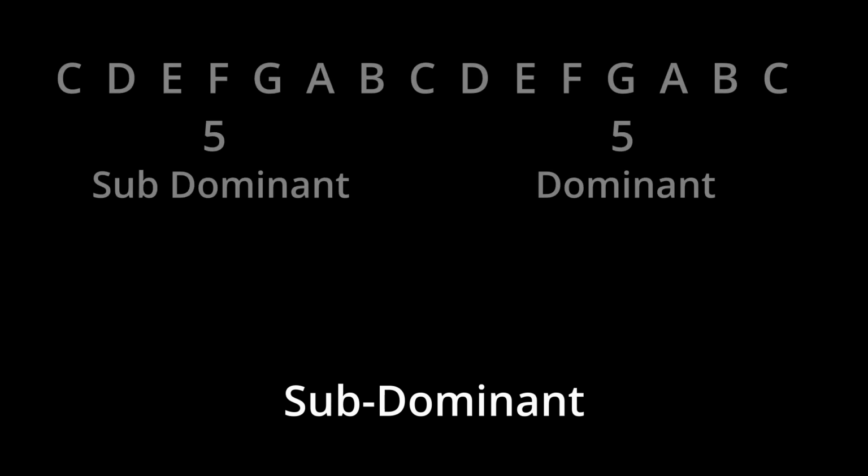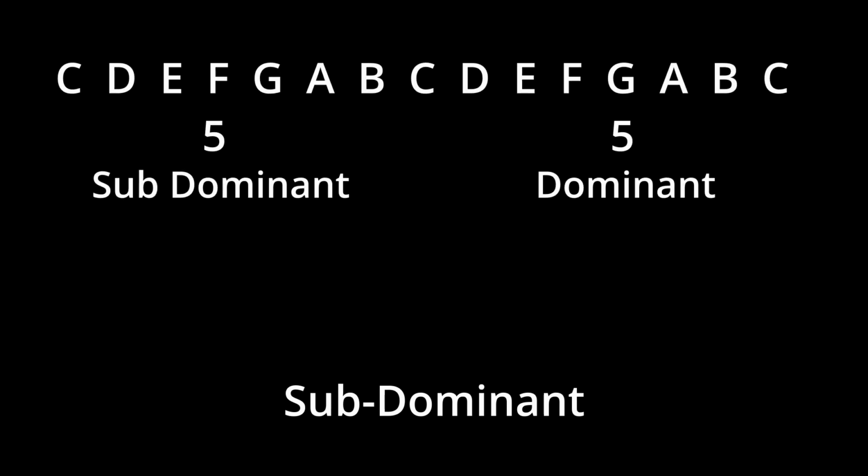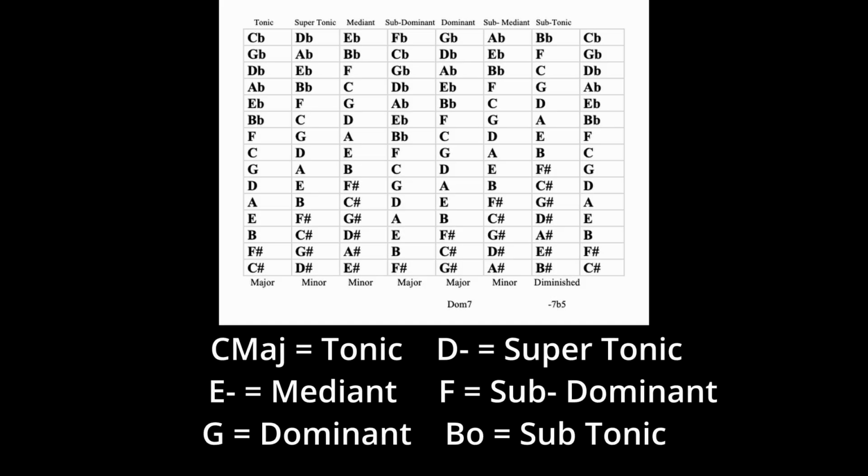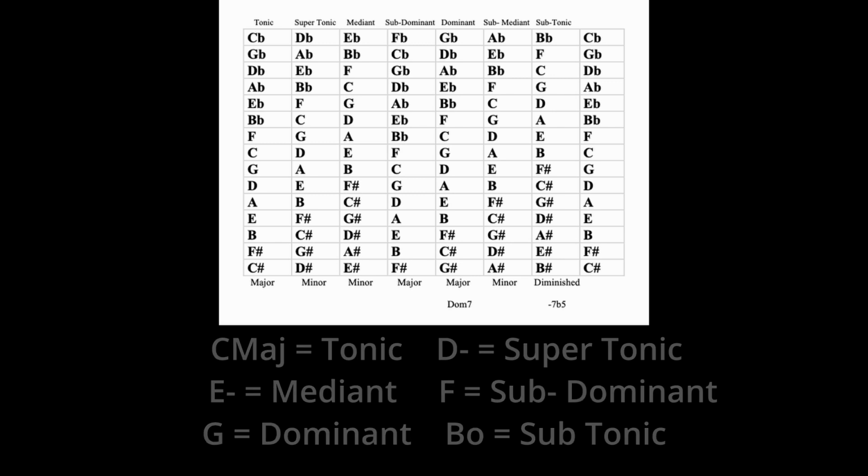The fourth chord degree in a key is referred to as the subdominant. We arrive at the subdominant by moving 5 degrees behind the C note. In the key of C, C major is the tonic chord, D minor is the supertonic chord, E minor is the median chord, F is the subdominant chord, G is the dominant chord, and B diminished is the subtonic.